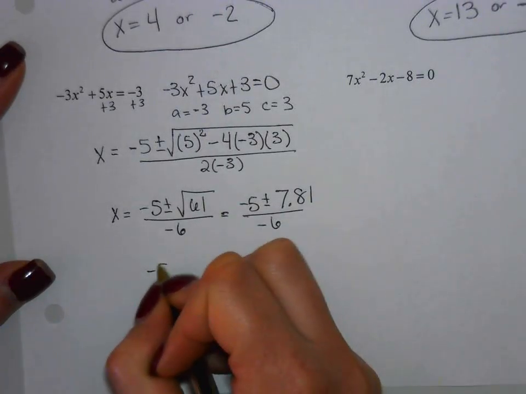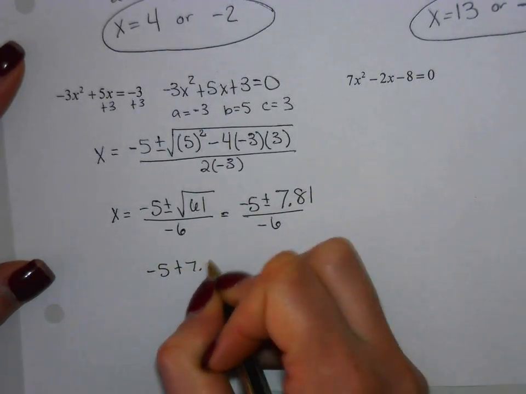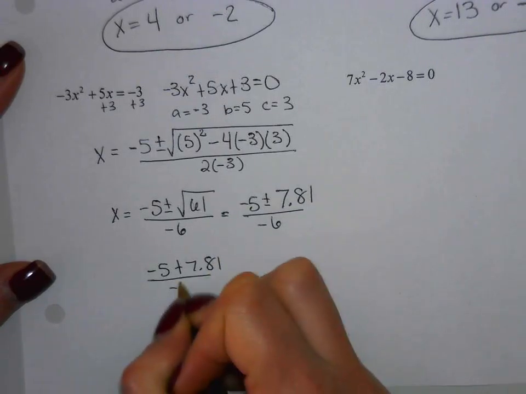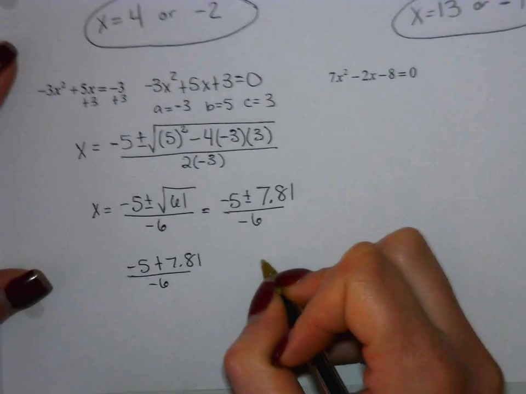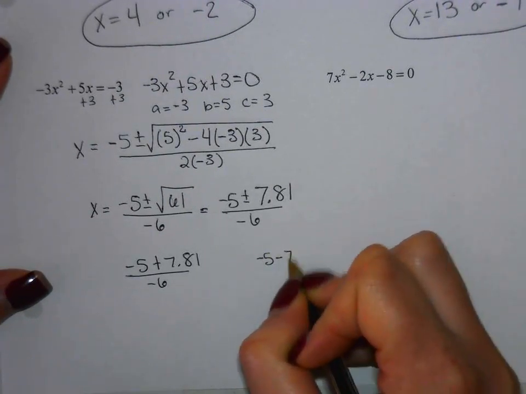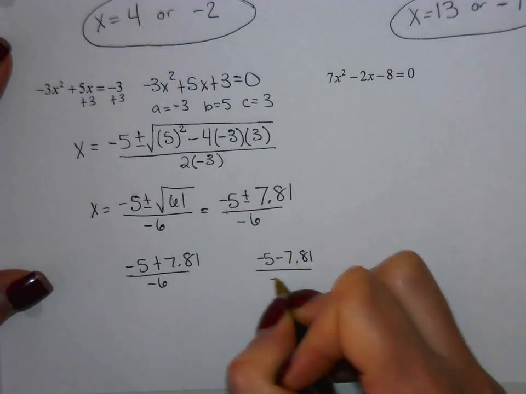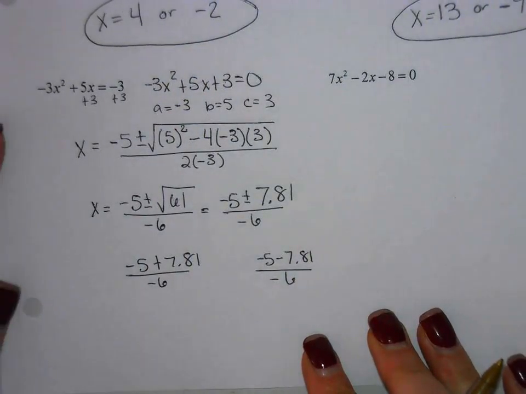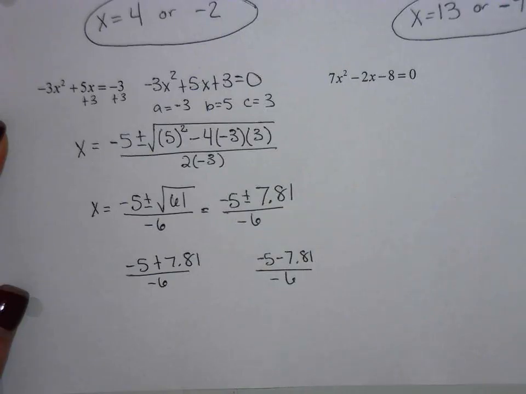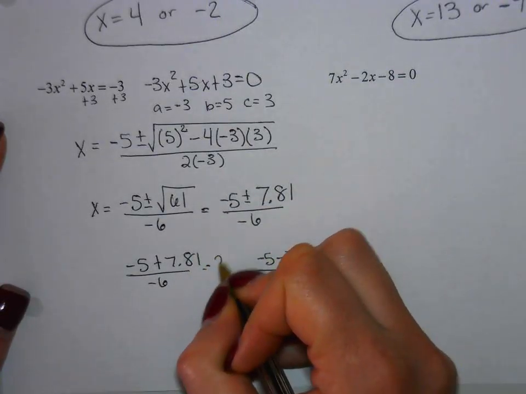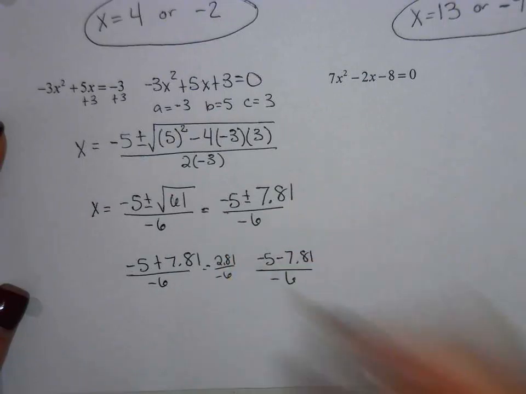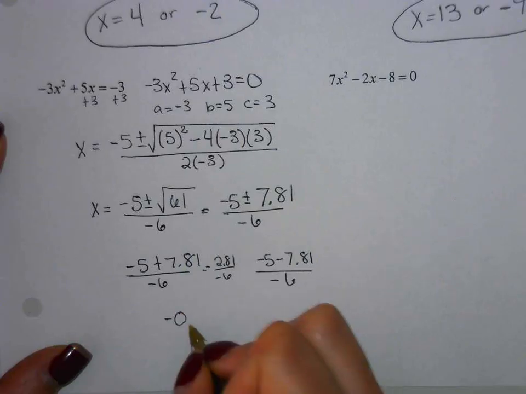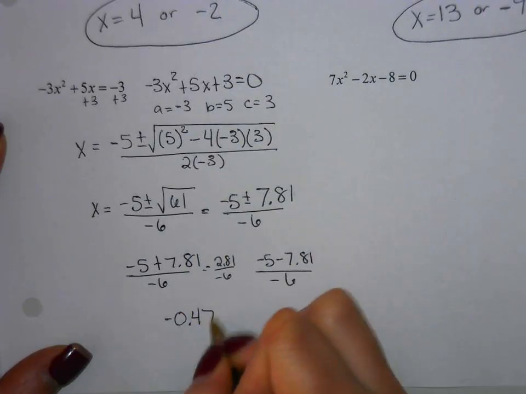So we can take our negative 5 and add it to 7 and 81 hundredths divided by negative 6. Then we can take negative 5 and subtract 7 and 81 hundredths divided by negative 6. Negative 5 plus 7 and 81 hundredths is 2 and 81 hundredths, and when we divide that by negative 6 and round it, it's negative 47 hundredths.